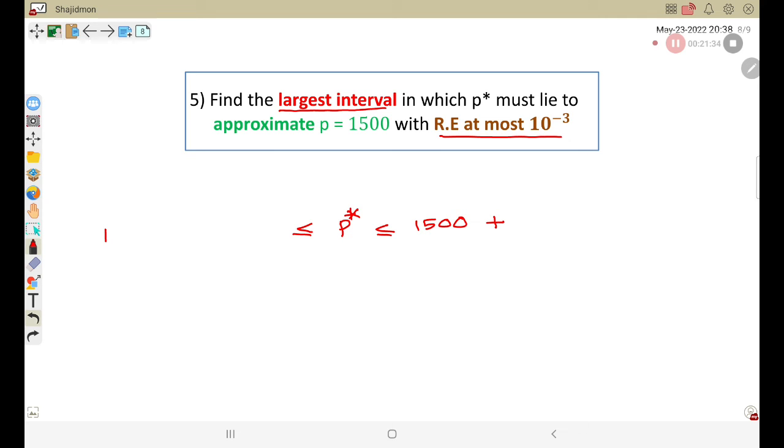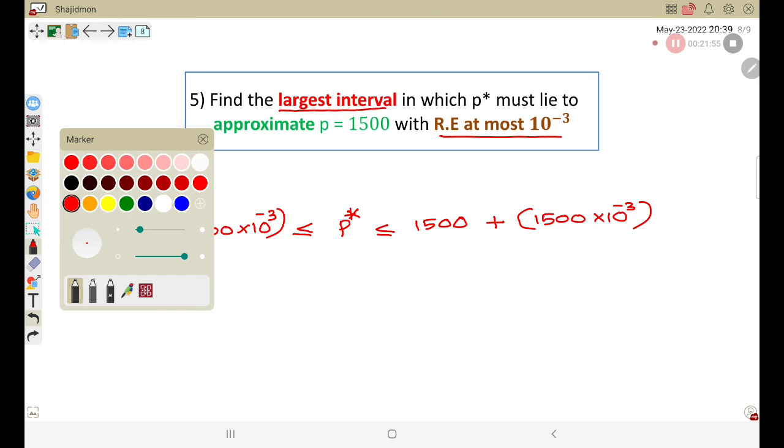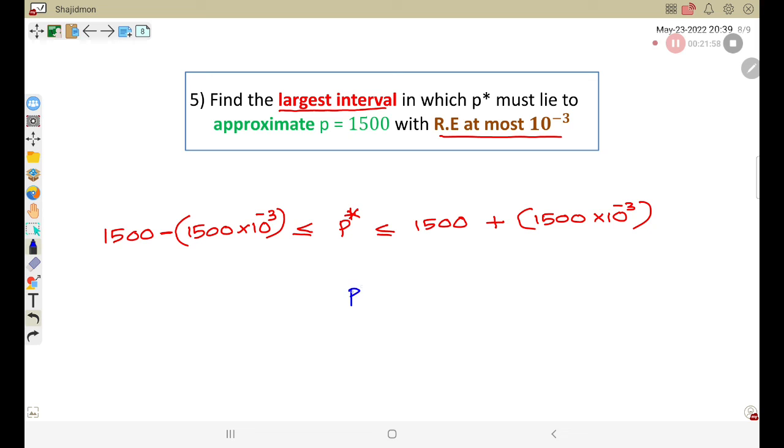The minimum side means 1500 minus. Here the same number 1500 multiply the error number 10 power minus 3. Minimum side is minus, maximum side is plus, correct? So P star less than or equal to, you can check the number from the right hand side first.